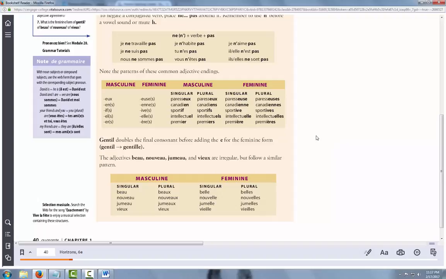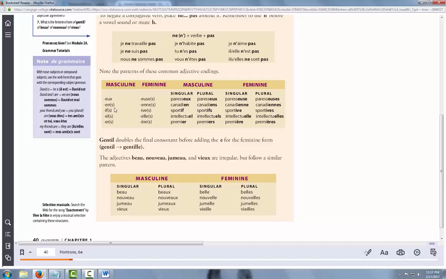Let's read together. Paresseux means lazy. Paresseux, paresseux, paresseuse, paresseuse. So you only hear two forms and you're writing three different forms, because masculine singular, masculine plural is the same. Remember, if you already have an S or an X in the masculine singular form, don't change it to masculine plural, it just stays that way.